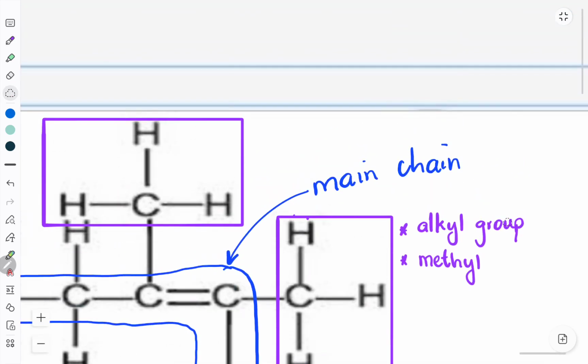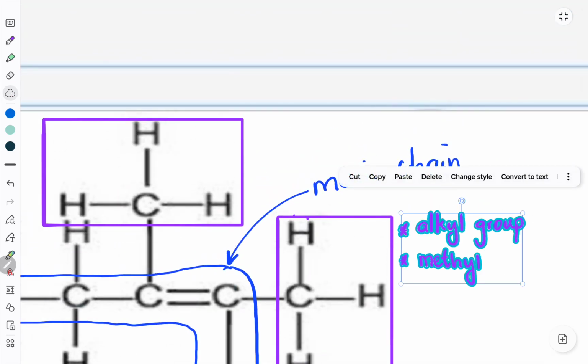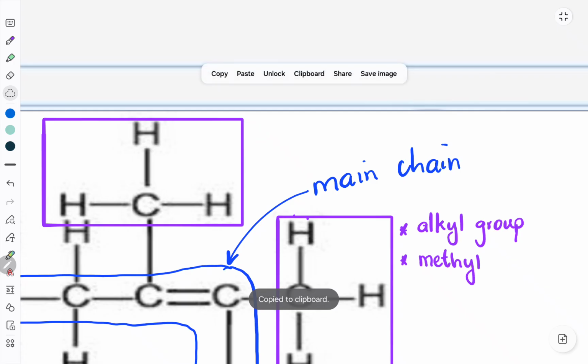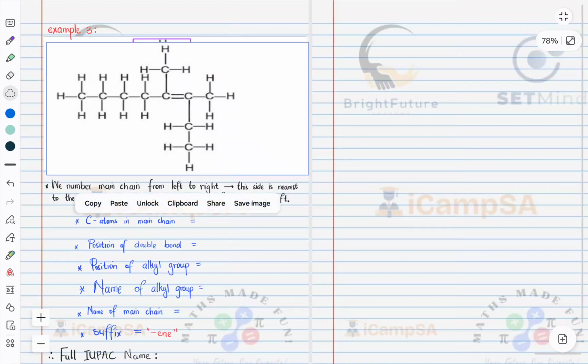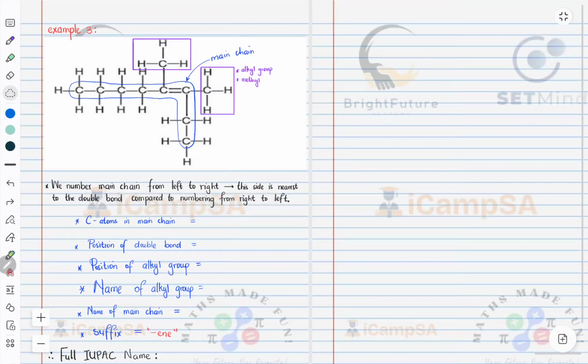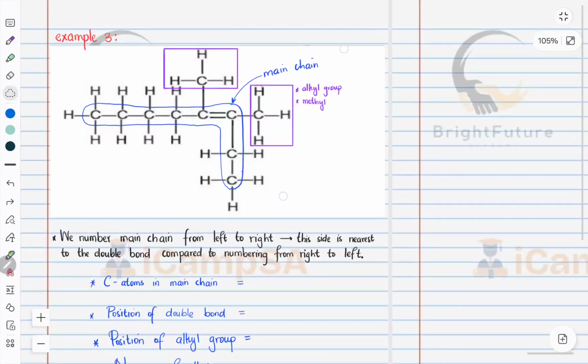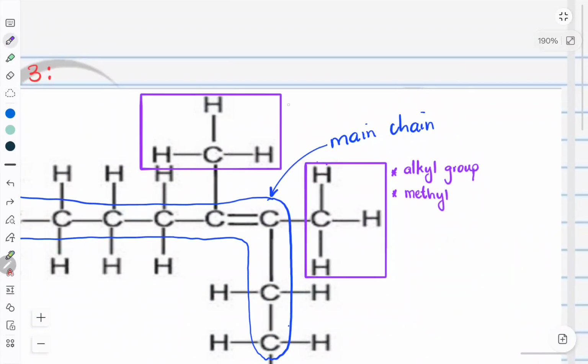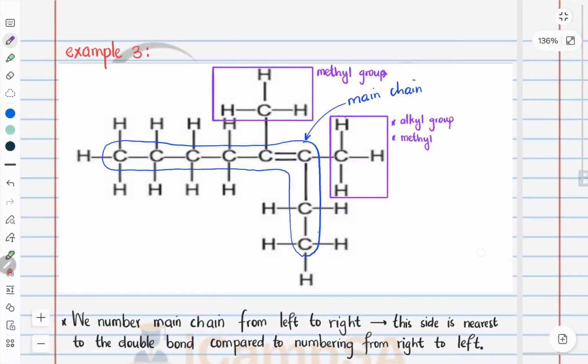Same as this one, fortunately. It also has one carbon atom. Okay, it's fine. Let me just write it. This is also another alkyl group. Let's call it methyl because it has one carbon atom. All right, so we have two alkyl groups and one double bond.